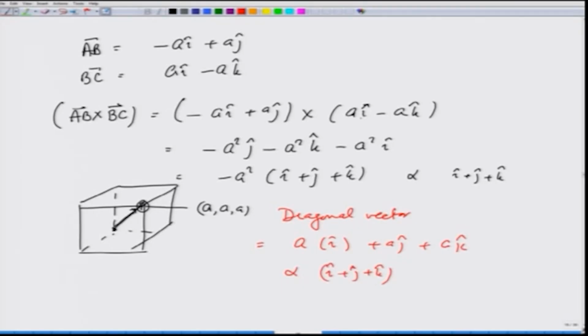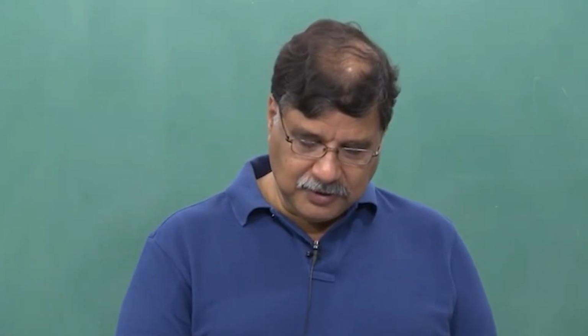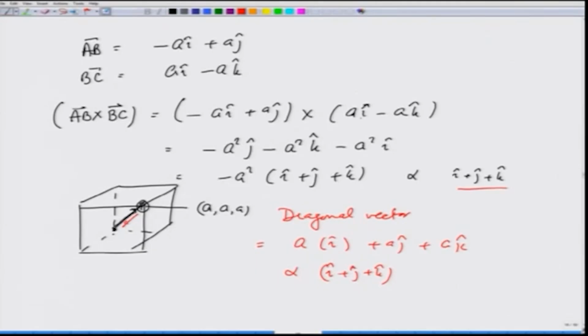So, notice AB cross BC was proportional to i plus j plus k, although in the negative direction, that is okay, and the diagonal is in this direction, both are parallel. That immediately tells you that the diagonal is perpendicular to the plane.